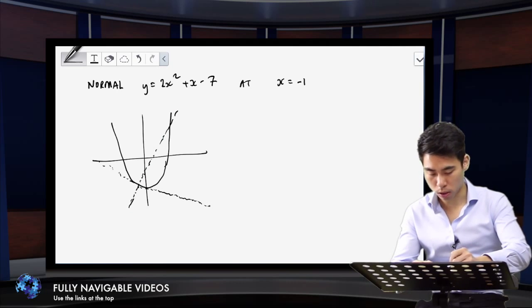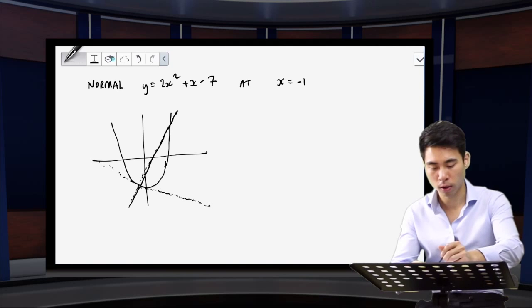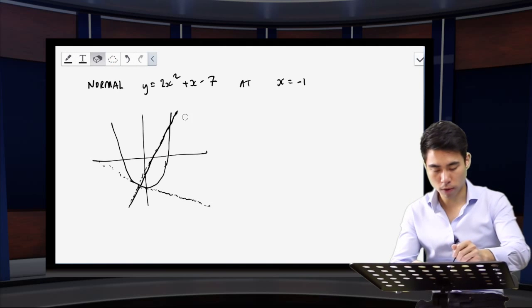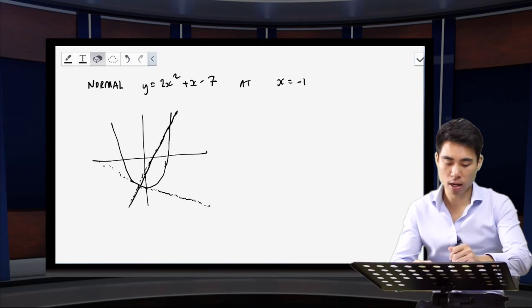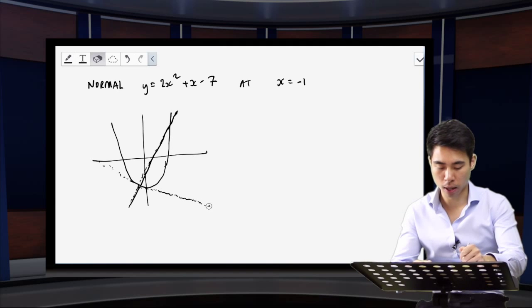Essentially what we're doing in this question is working out the equation of this line here, the normal to the curve. Roughly speaking, we're expecting the gradient to be in the region of between 1.5 and 2 maybe, and the y-axis intercept to be around, say, -5.